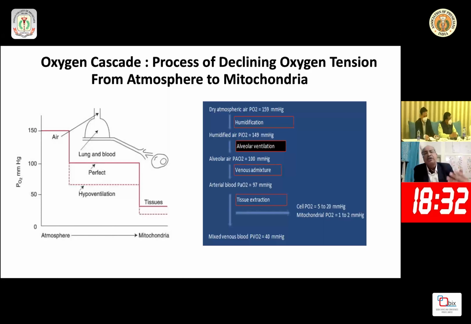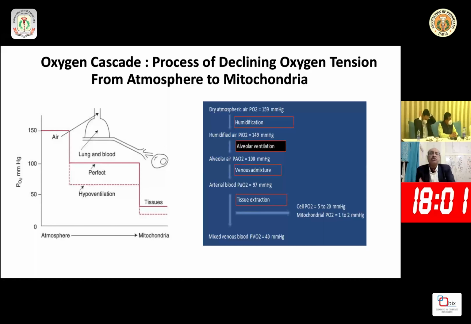Humidification takes place within the upper respiratory tract, and by the time it reaches the trachea it is fully humidified, and the pressure is roughly around 150. Then from there the alveolar air goes into the arterial blood, where the concentration somewhat goes up, and then venous admixture takes place. So you see the pressure starts dropping from 149 to 100 to 97.